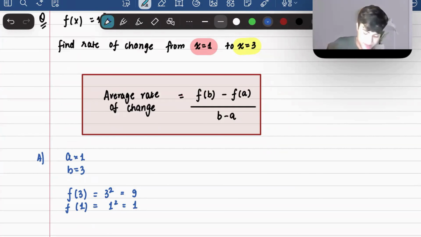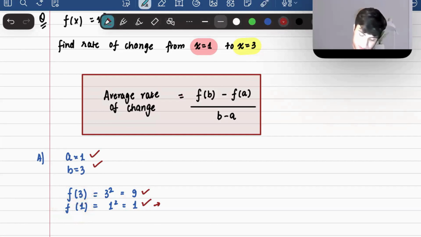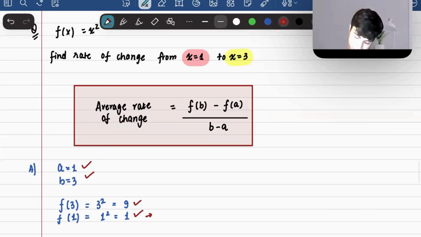Okay, I'm halfway there. I know the values of a and b, and I know f of a and f of b. This is essentially f of a, and this is essentially f of b. Now we just plug it directly in, right?